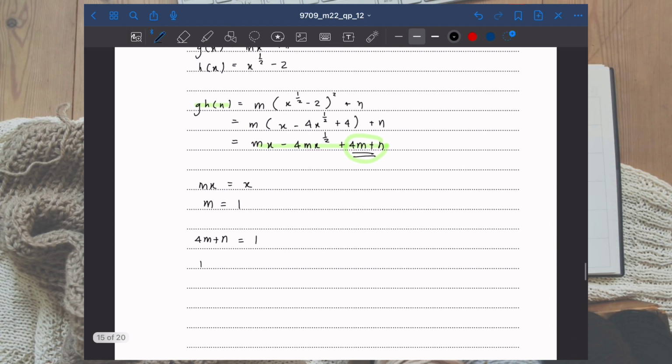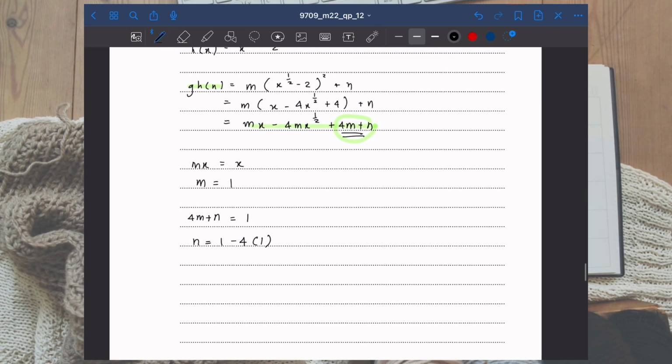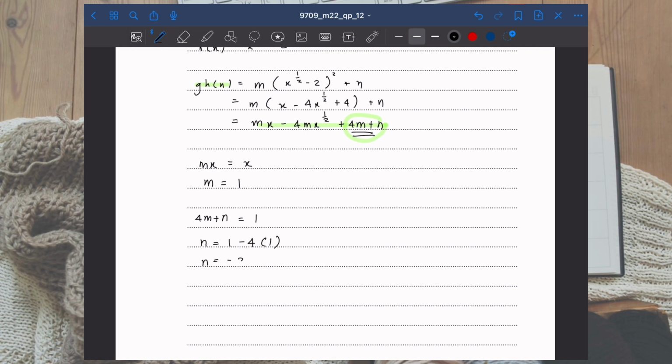So rearrange, n will equal to 1 minus 4m, and our m is 1, so 1 minus 4 times 1. So n will be negative 3. So m is 1 and our n is negative 3.